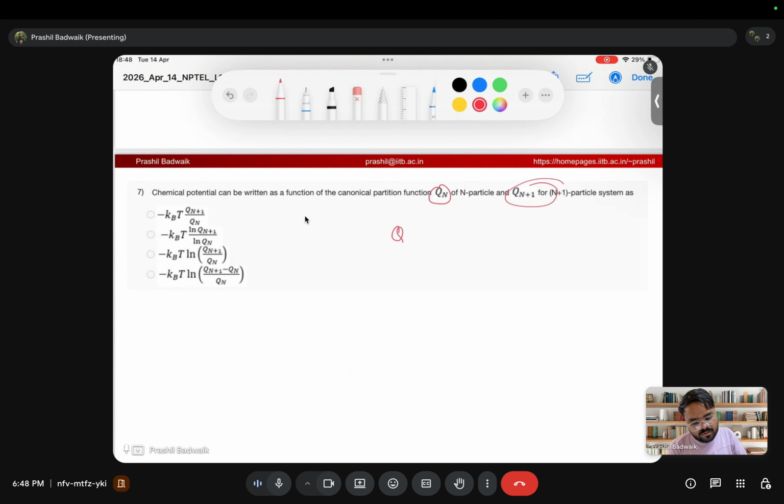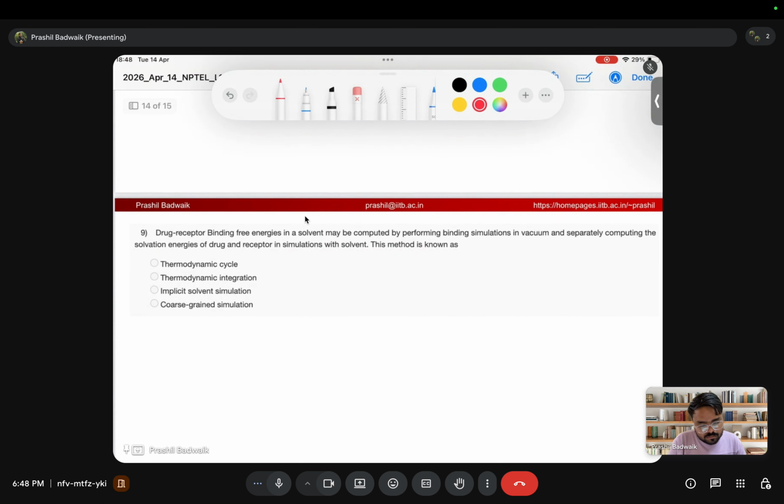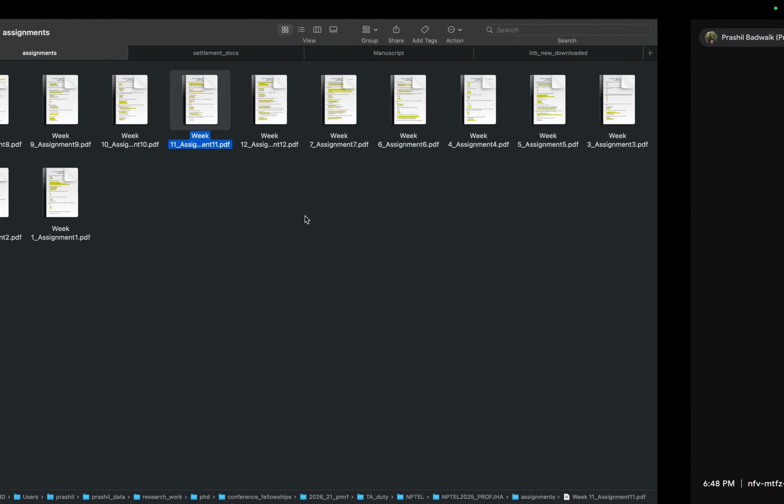So we will have to write N plus 1 divided by N, right? We take their ratio and that is equal to the chemical potential, right? This is the answer to this question. This is also again thermodynamic integration method. I think it's thermodynamic cycle. Thermodynamic cycle is there, right?